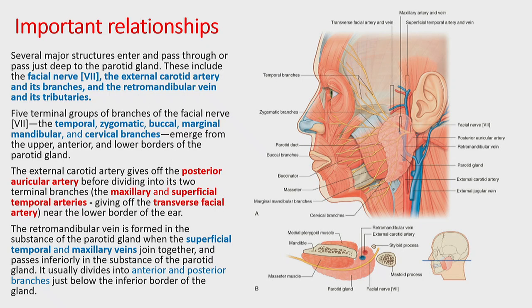So the relationship of the three structures in the parotid gland: the most superficial is the retromandibular vein, then the facial nerve, then the deepest structure, the external carotid artery.